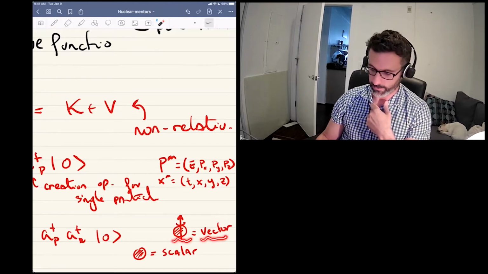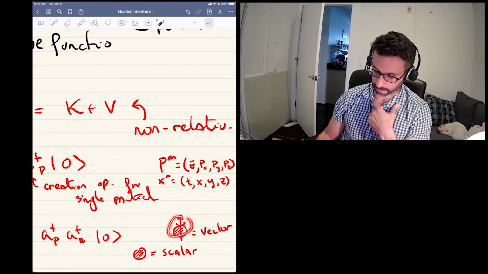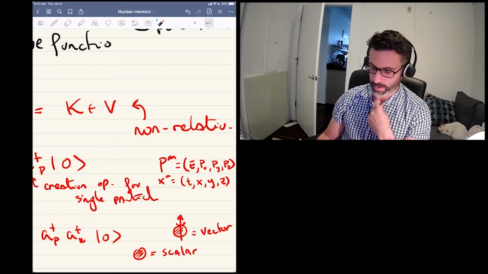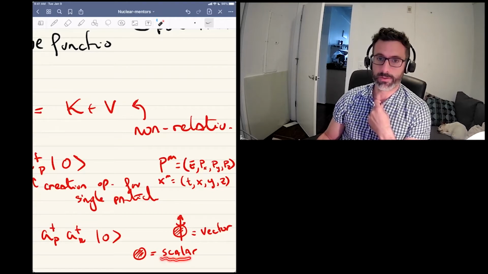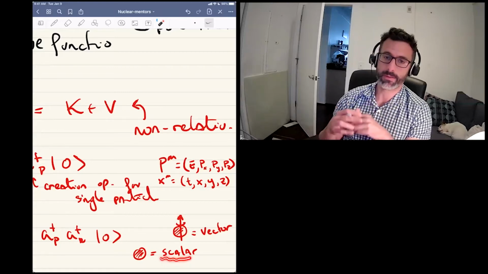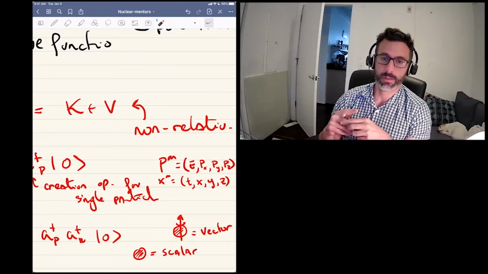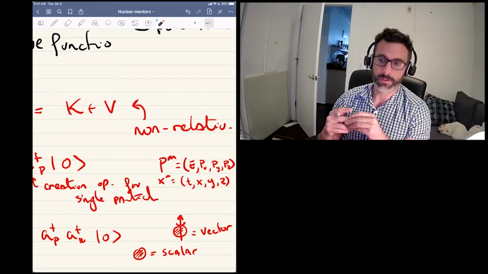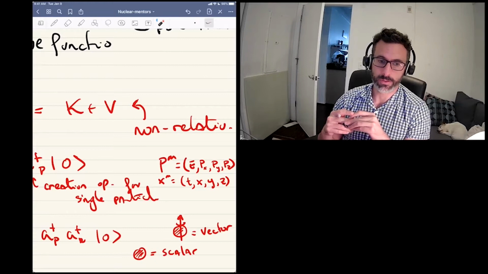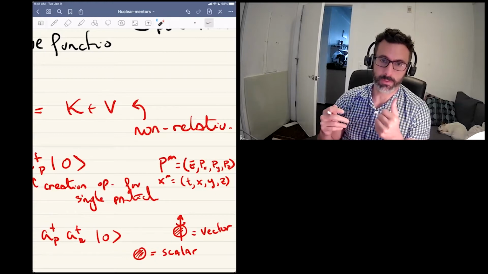And so for that you would need a field that looks like a vector. For things like the Higgs, which is a scalar, or pions, which are scalars, you can just use a scalar field. For fermions, like electrons, you would need another type of field. This was introduced by Dirac, and so typically these are called Dirac fields, and they're spin 1/2 fields.